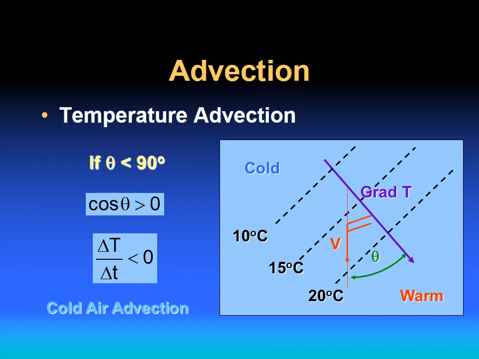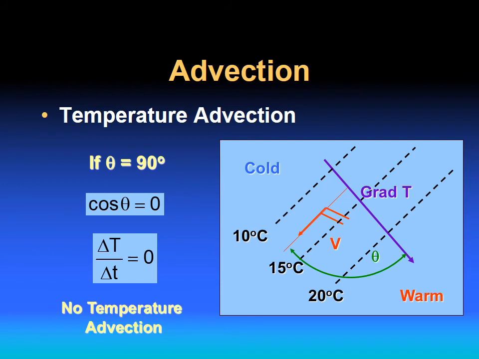So that means your left-hand side will be negative, which means that we'll have a decrease in temperature with time. And that's what we would normally expect. You wouldn't expect the wind to blow out of the north with colder air to the north, you got cold air advection. So that means that the temperature decreases with time. Local temperature change decreases with time.